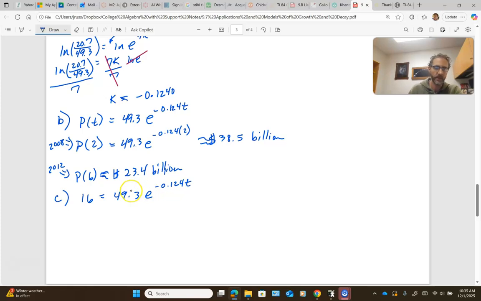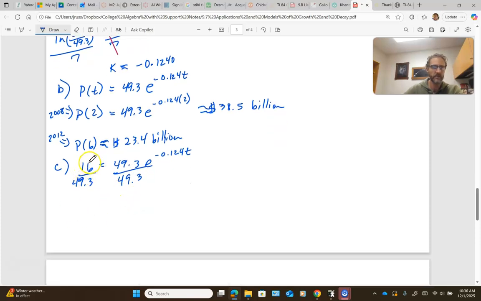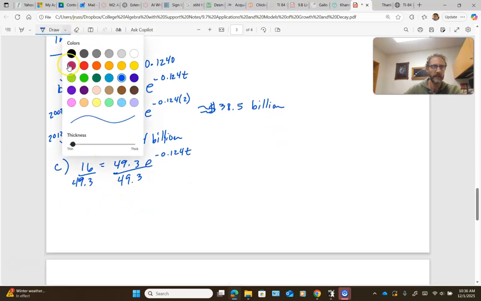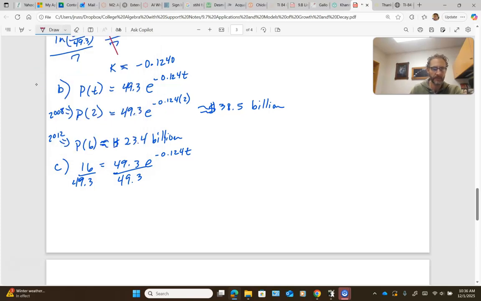All right, well, I'm going to solve this the same way. I'm going to divide both sides by that initial value. Okay, and again, I'm just going to treat this as one value here. I'll do my dividing at the end. These will divide out. It'll become e to the negative 0.124 times t is equal to 16 over 49.3.